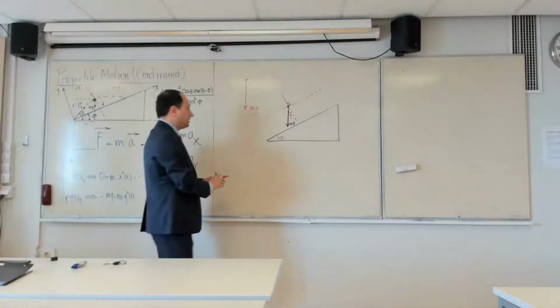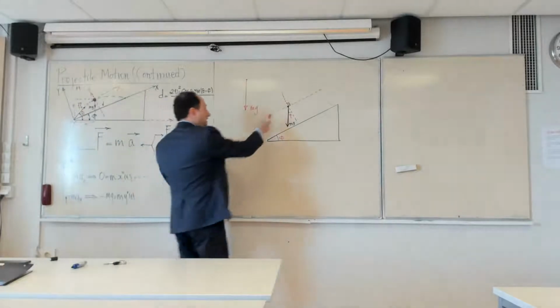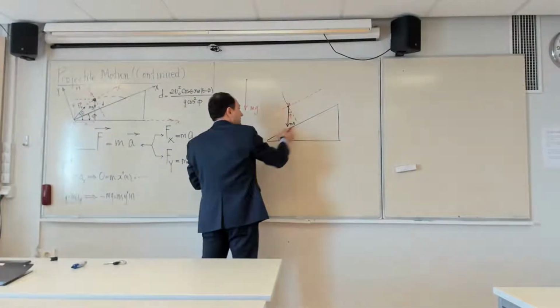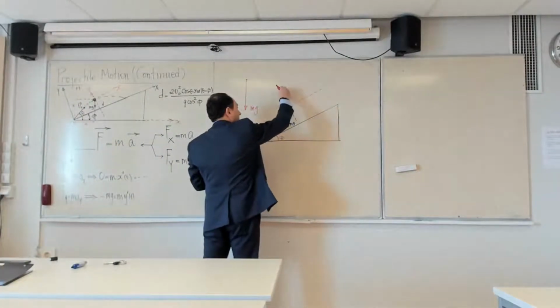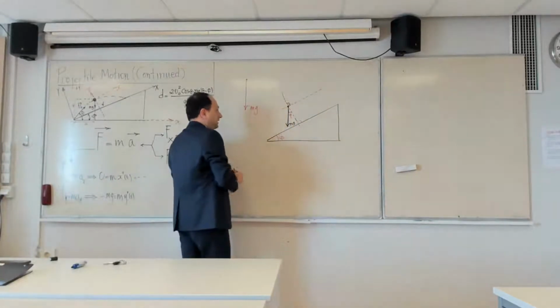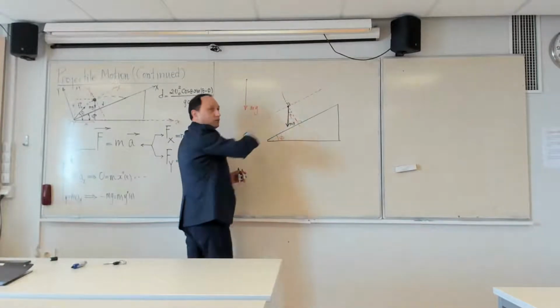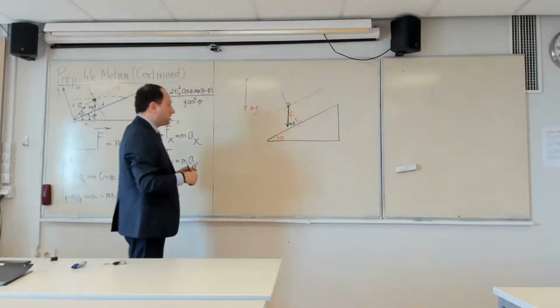Why is that? Can you tell me from the geometrical picture why that angle is phi? What you see is that this line is parallel to this line, and this line is perpendicular to this line. Then I am claiming that if this angle is phi, this angle will also be phi. Why is that?